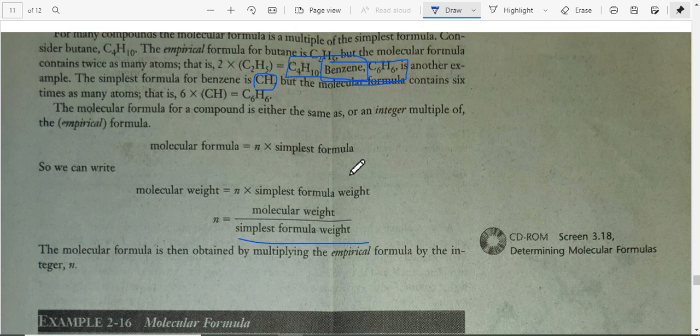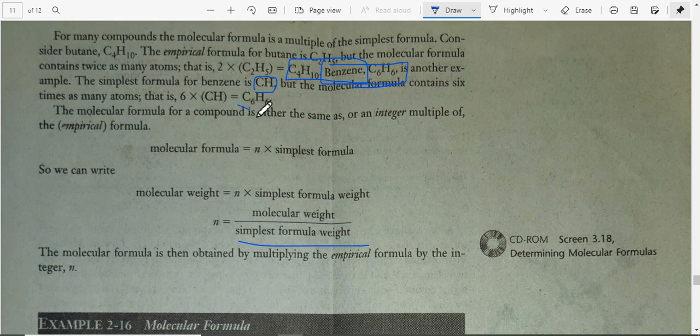So if you have 6 carbons, the carbon is 12, so 12 times 6. Then the hydrogen, which is 6, you will have 36. 12 times 6 is 72, plus 36, so you have 108.